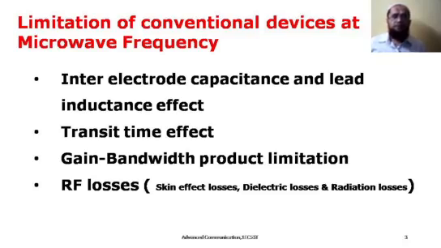Whenever we apply the negative potential, the electrons are emitted by the external force, and from that emission they propagate and are collected at the anode. The time taken by the electrons is called the transit time effect.